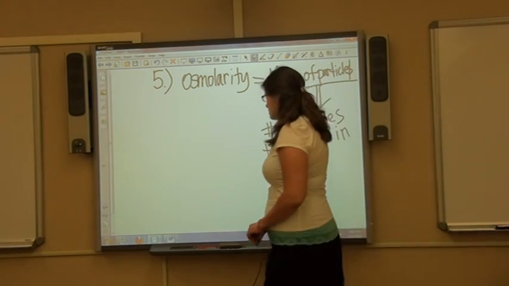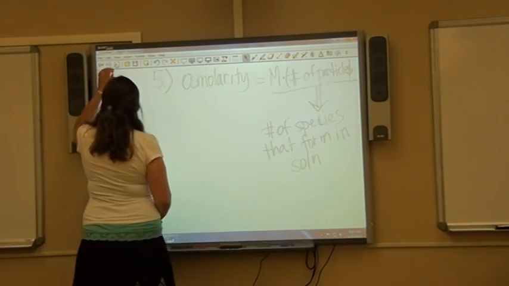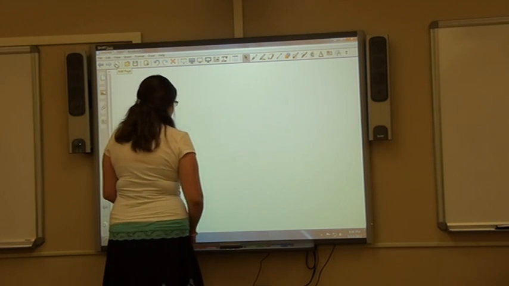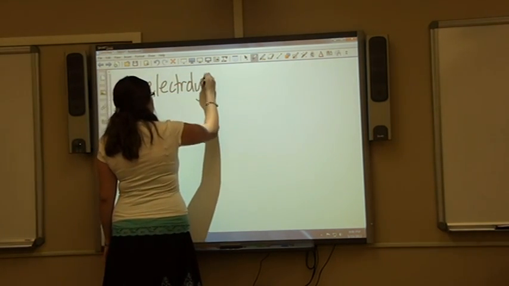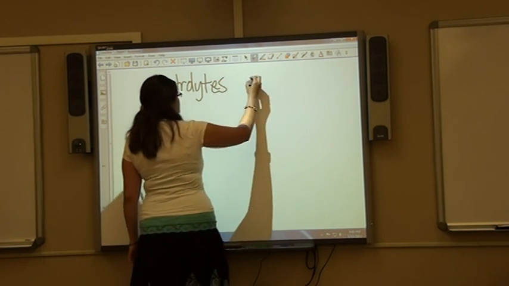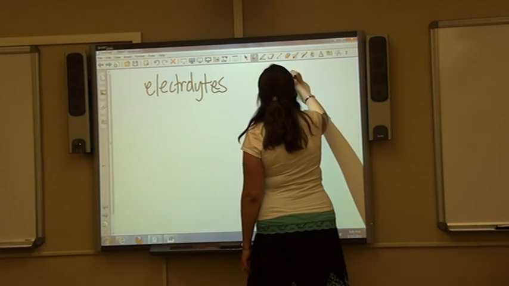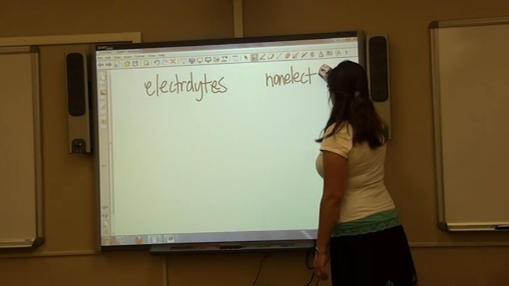Okay, in order to know what I'm talking about when I'm referring to these particles, we need to talk about electrolytes and non-electrolytes.